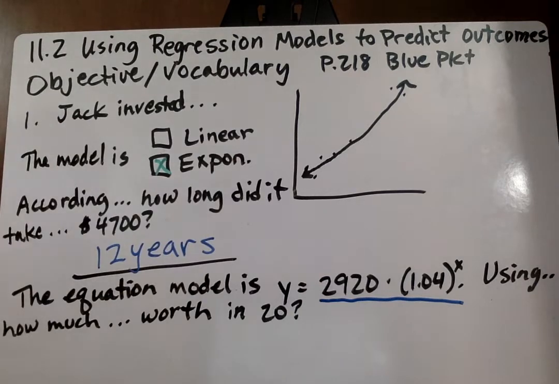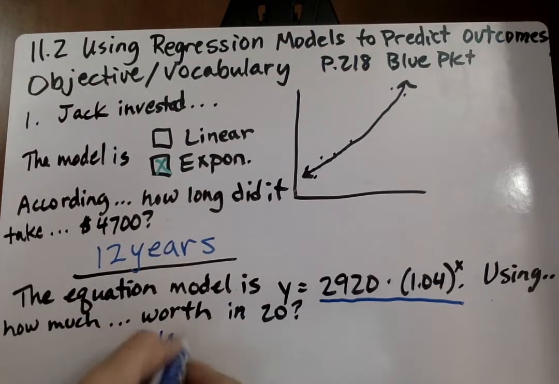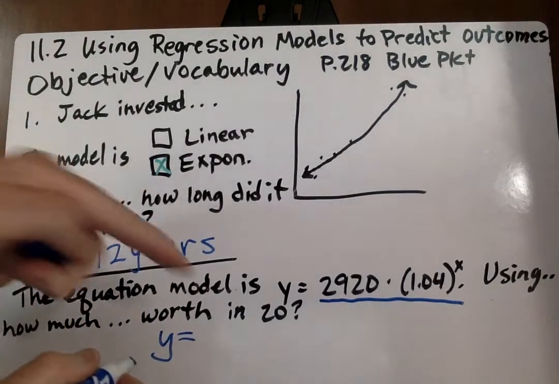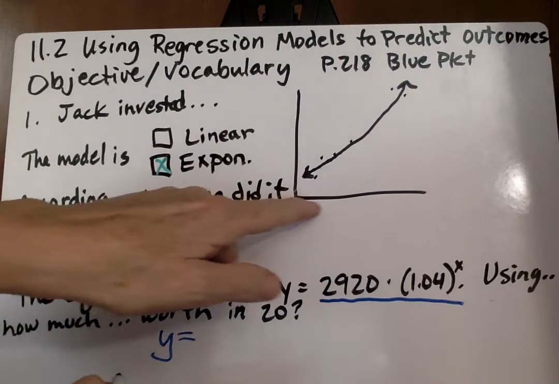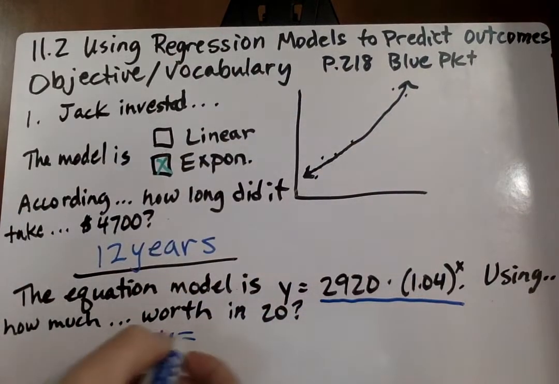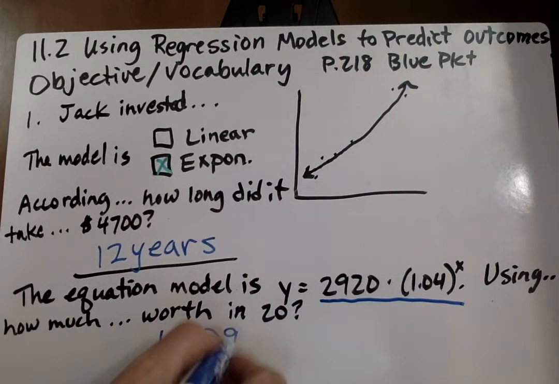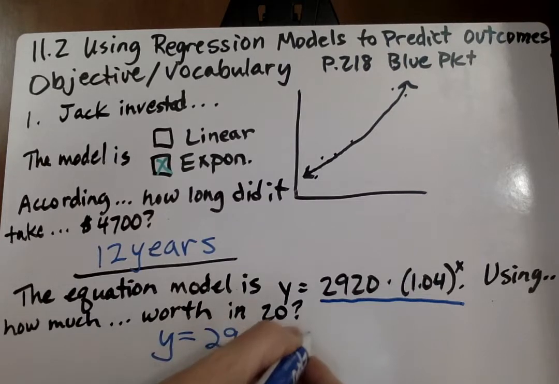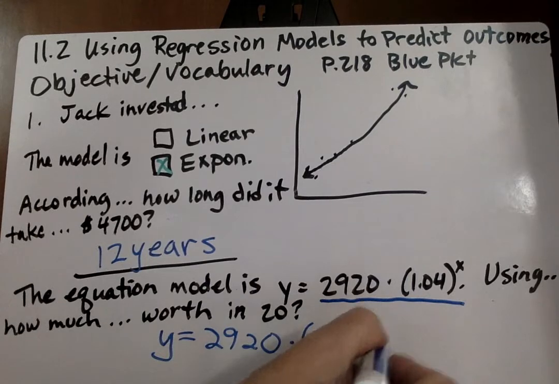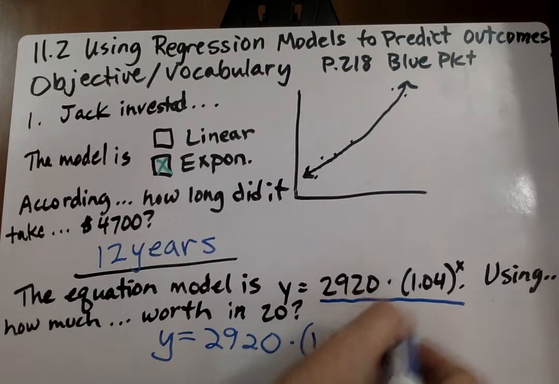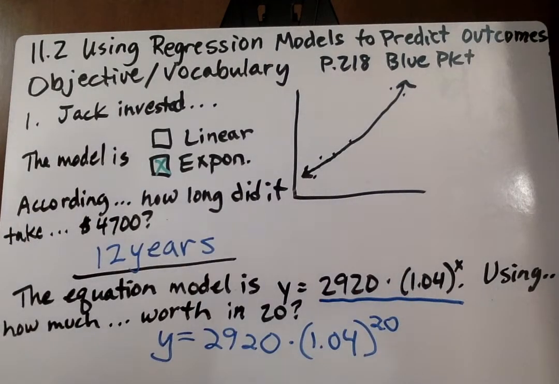You have to think, is 20 going to be our y or our x value? Since down here is years, it's going to be our x value. So y equals 2920 times 1.04 raised to the power of x, which is 20 years. We're going to substitute that in for x.